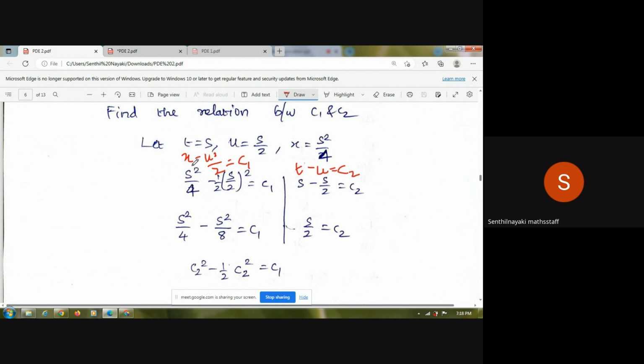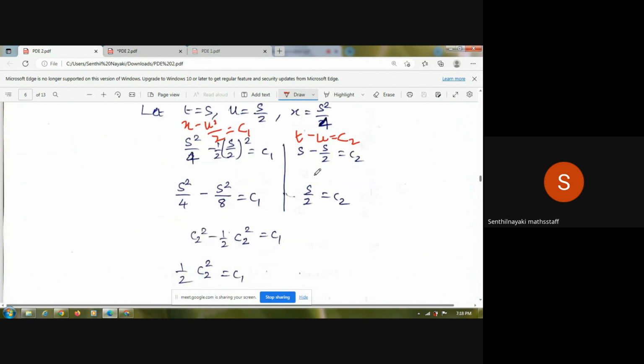Okay, then substitute x, then s square by 4 minus 1 by 2, u value s by 2 the whole square equal to c1. After simplifying, s square by 4 minus s square by 8 equal to c1. In the second solution, t equal to s, u equal to s by 2, then s minus s by 2 is s by 2. So we get c2 equal to s by 2.